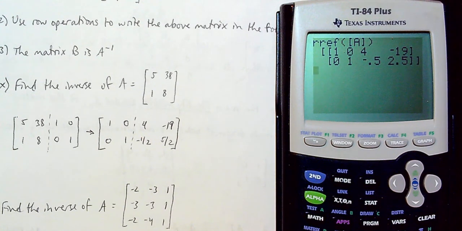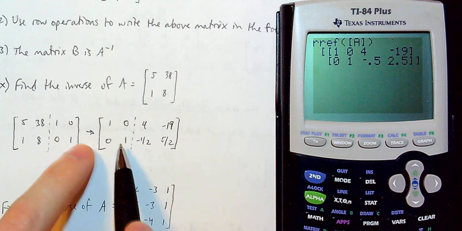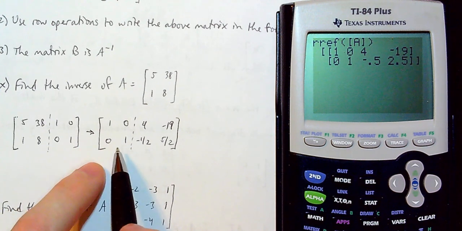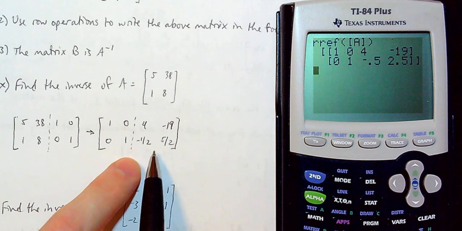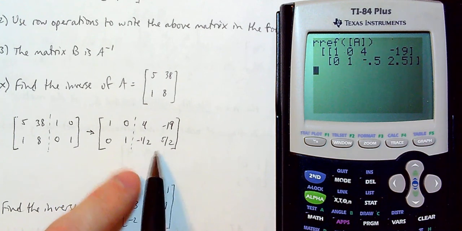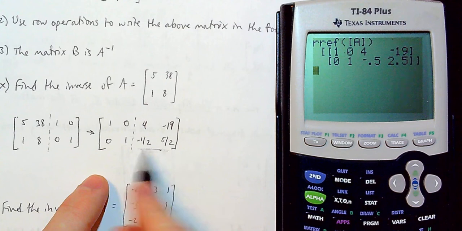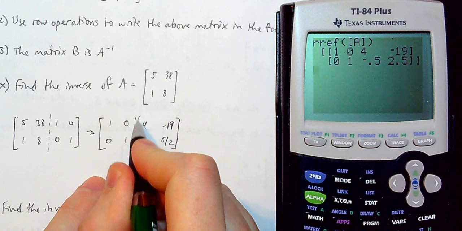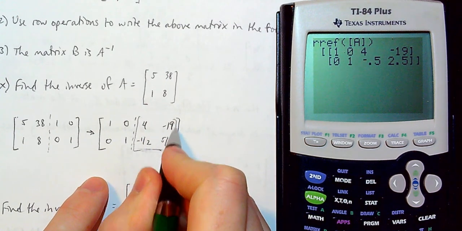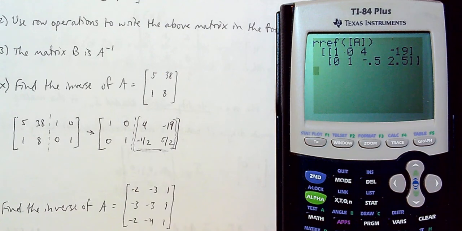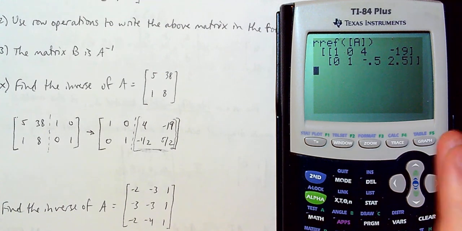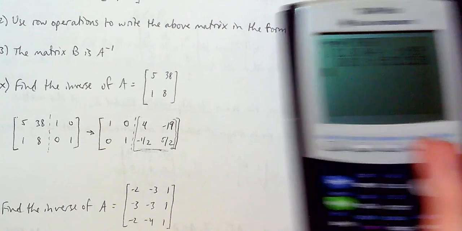So you see now we have the 2x2 identity matrix, and then we have that matrix of other stuff after that. This piece right here is what my inverse is going to be.